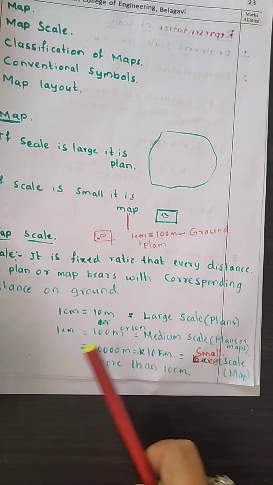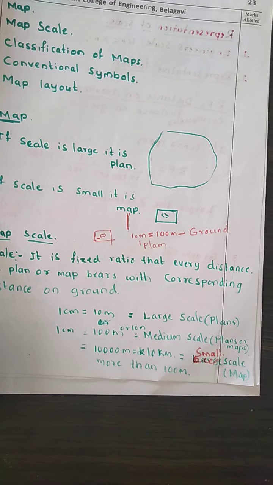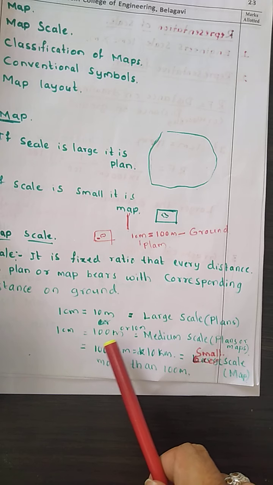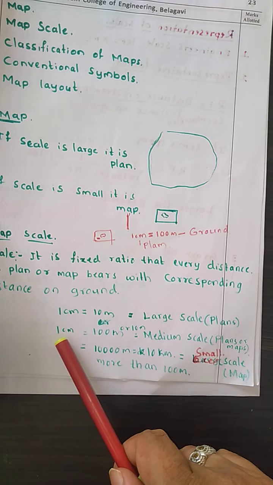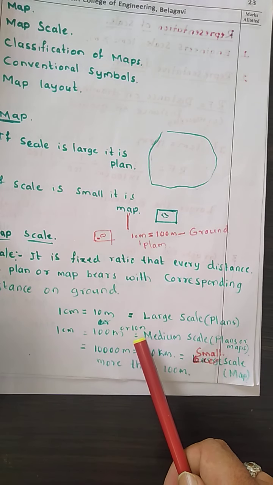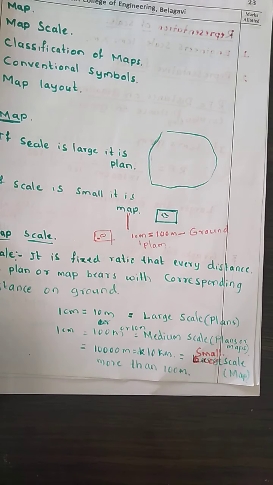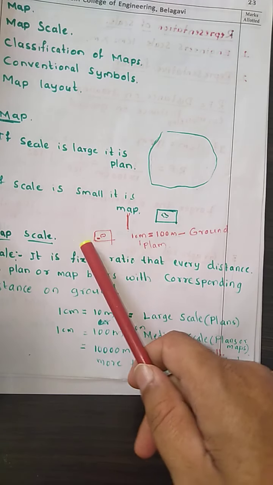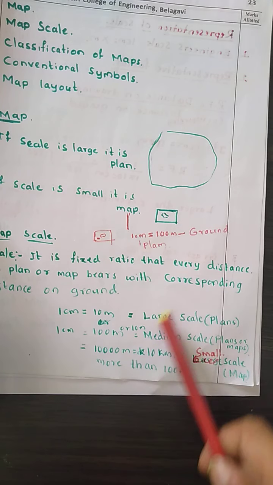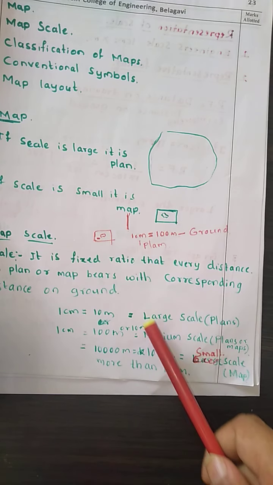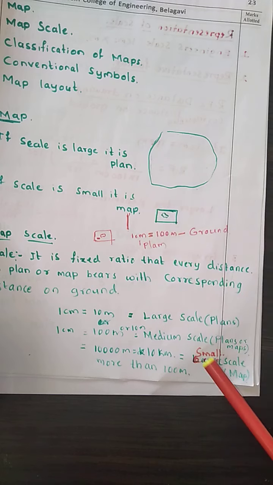When 1 centimeter on a sheet of paper represents 10 meters to 100 meters on the ground, we call it a medium scale. We use it for either a plan or a map.